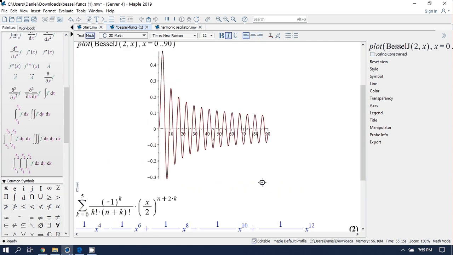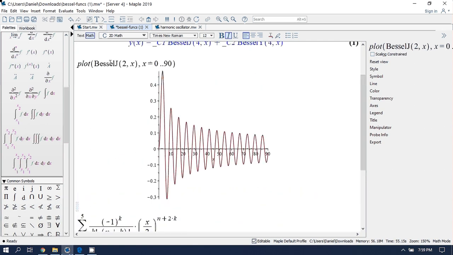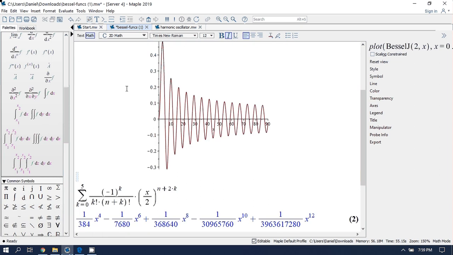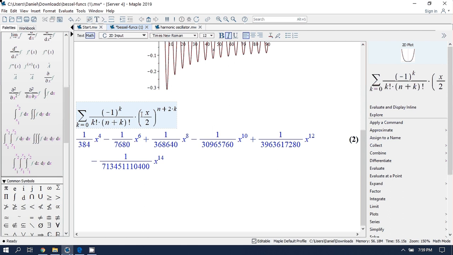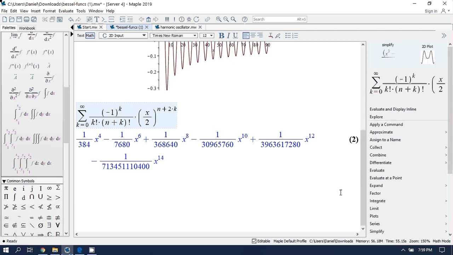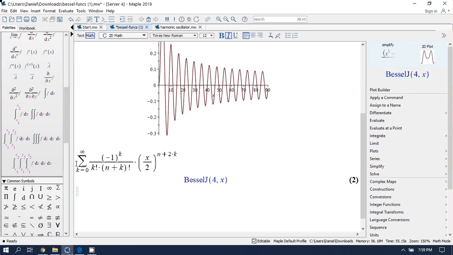By the way, if you don't believe me that this series is exactly the Bessel function itself on the top, let's replace here 5 with infinity, and notice that Maple knows already that this series is the Bessel function of order 4 of the first kind.